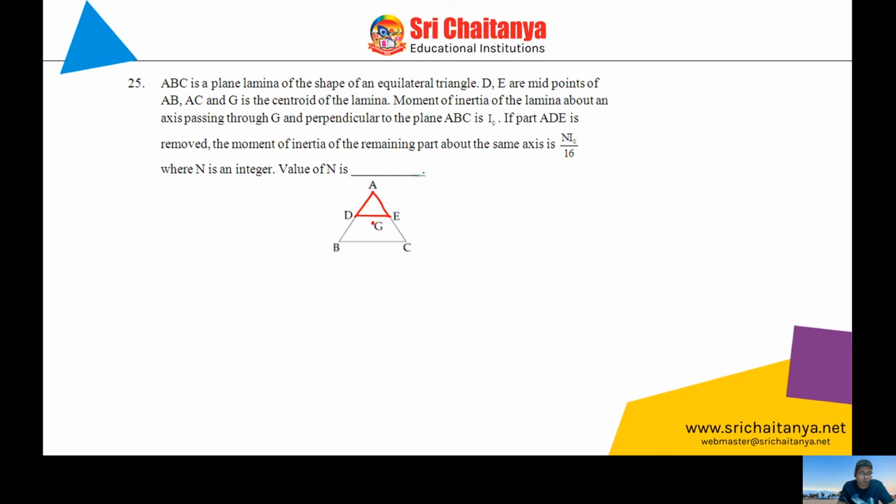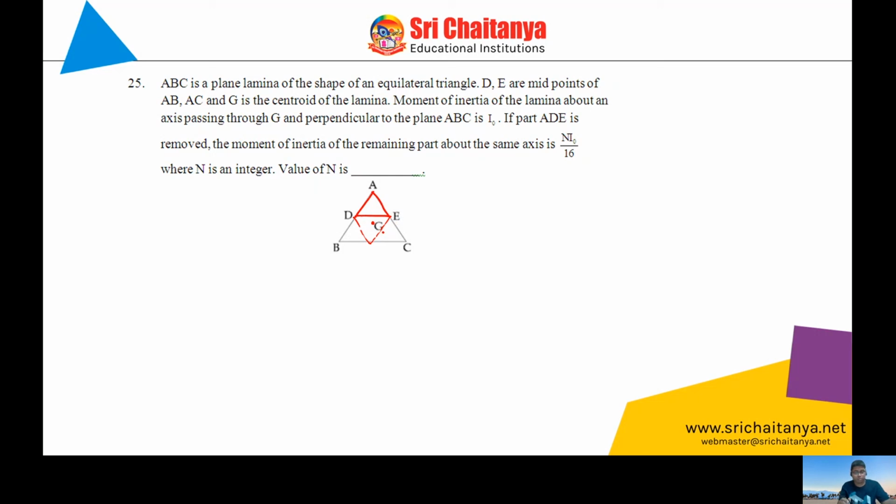So all the calculation which I'm going to do is for the moment of inertia of this DAE triangle about an axis passing through G. For that, I can imagine this large triangular plate is made up of 4 smaller triangles of half the side length, and 1/4 of the mass of the original one.